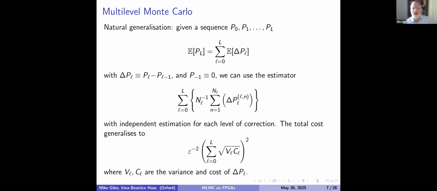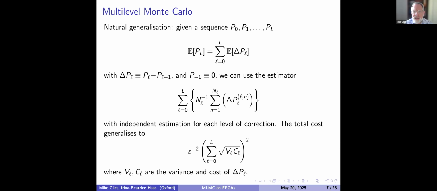Going from two-level, there's a very natural generalization to multi-level, where we have a whole sequence of levels, which in the context of approximating an SDE would correspond to progressively increasing the number of time steps. So we're getting more and more accurate approximation of the path evolution.